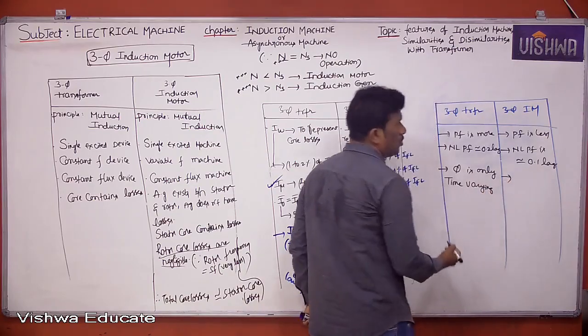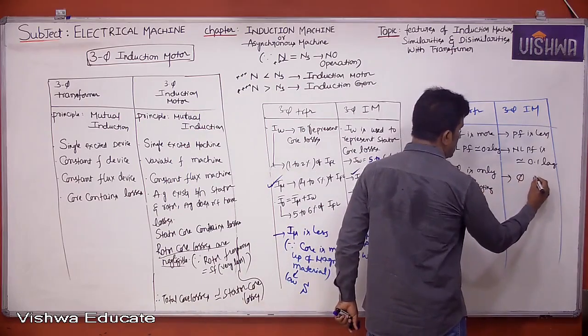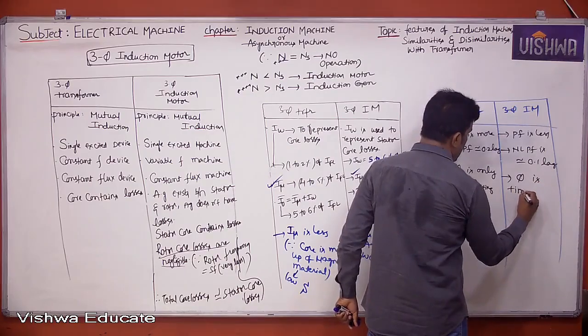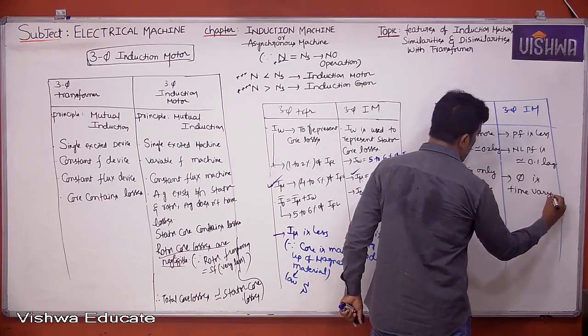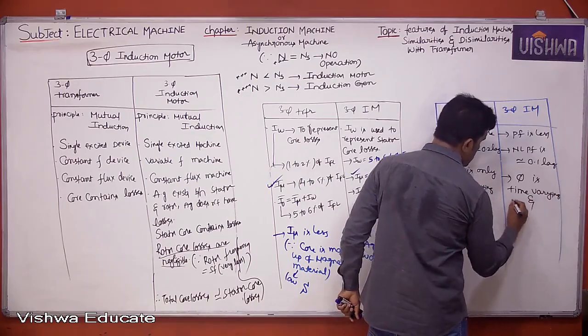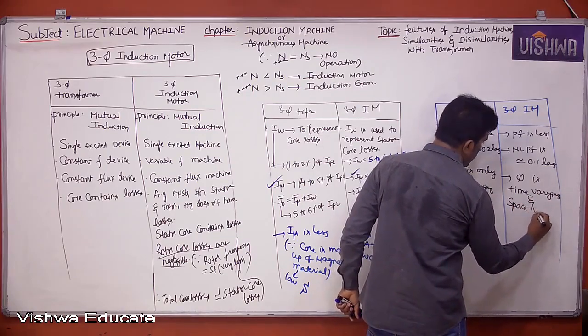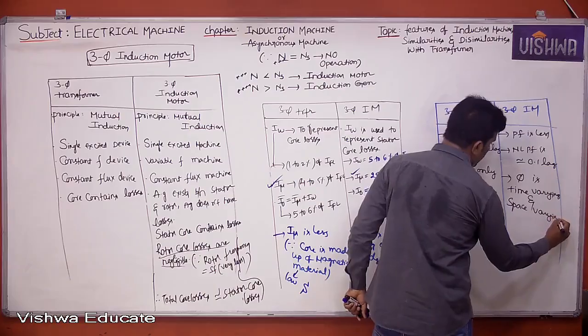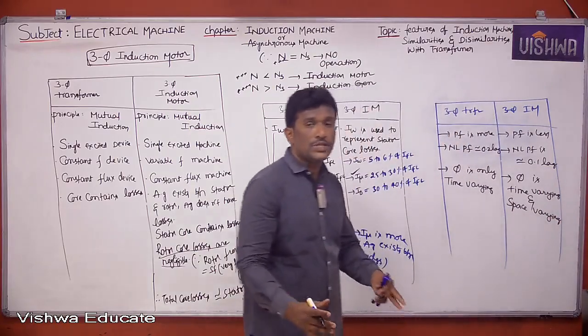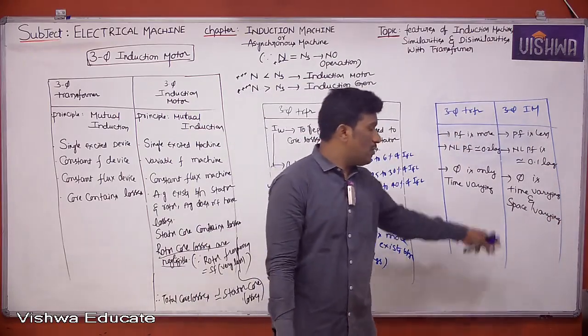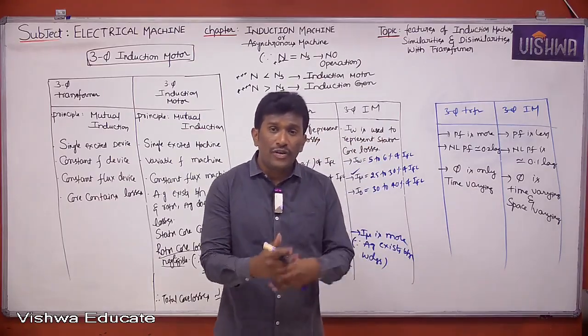Whereas in the case of an induction motor, flux is time varying and space varying. If a magnetic field or flux is time varying and space varying, what is the meaning of that? That is, the magnetic field is rotating.